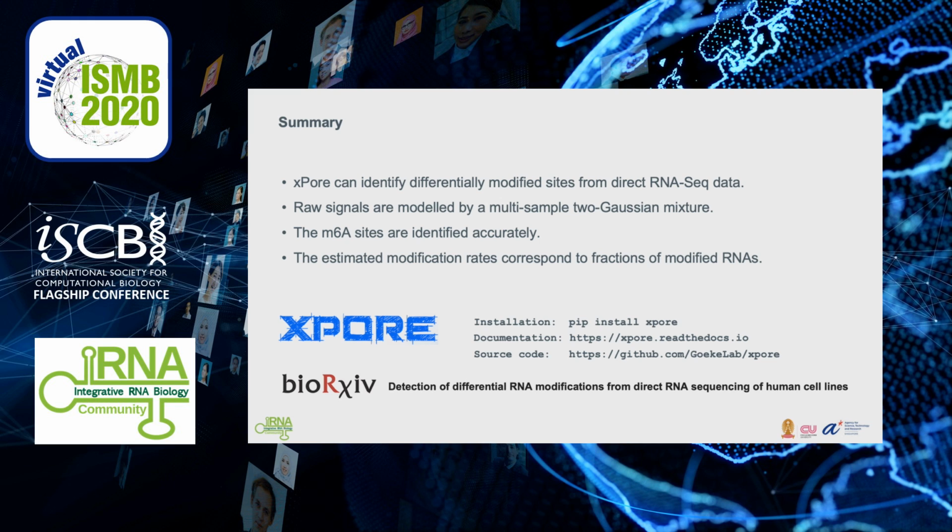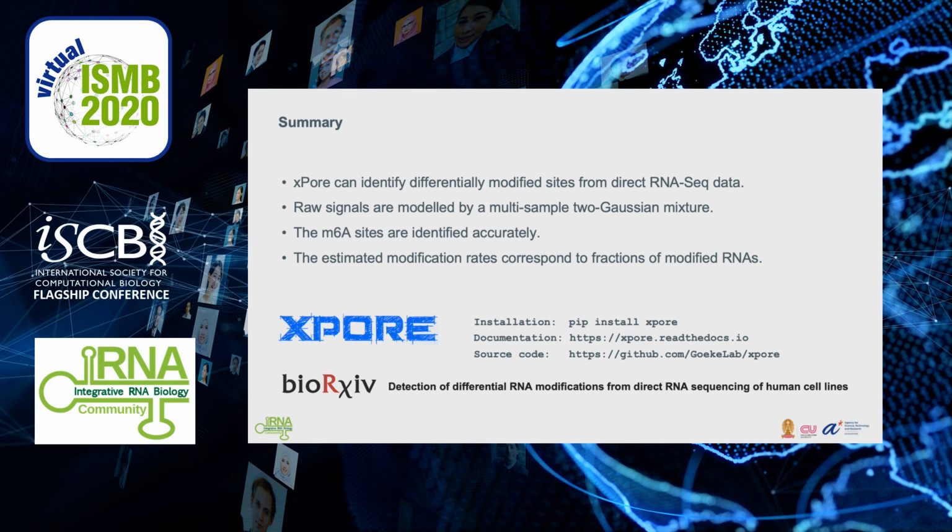Now you can try Explore yourself by simply using pip install, or you can visit our GitHub repository with the link shown in the slide. Also, we just posted our preprint in bioRxiv with the title Detection of Differential RNA Modifications from Direct RNA Sequencing of Human Cell Lines. In there, we applied Explore to 5 other common cancer cell lines too, as well as clinical samples from 3 multiple myeloma patients.